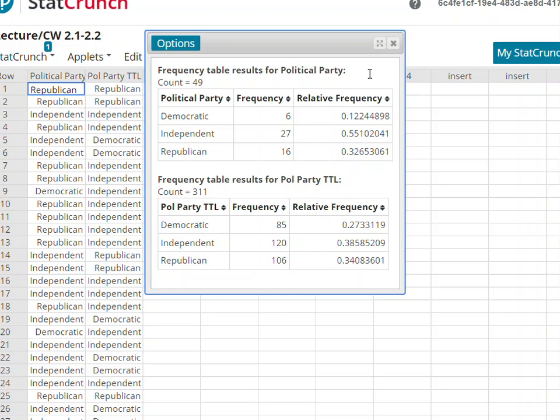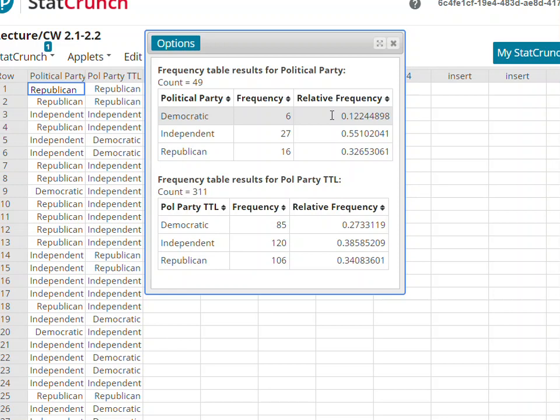And this is going to be the decimal value or the proportional value for each one of the categories. Remember, we can change a decimal into a percent by moving the decimal 2 places to the right.